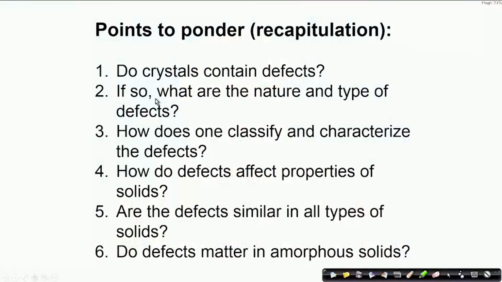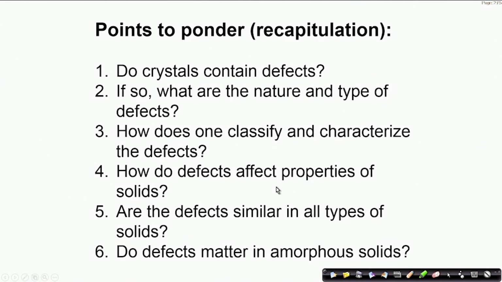You also have defects which are of different types and of different nature, and we discussed those various types of defects among the point defects, line defects, and various other defects. We can classify the defects in terms of dimension, in terms of their origin, and we also discussed how we can characterize these defects.